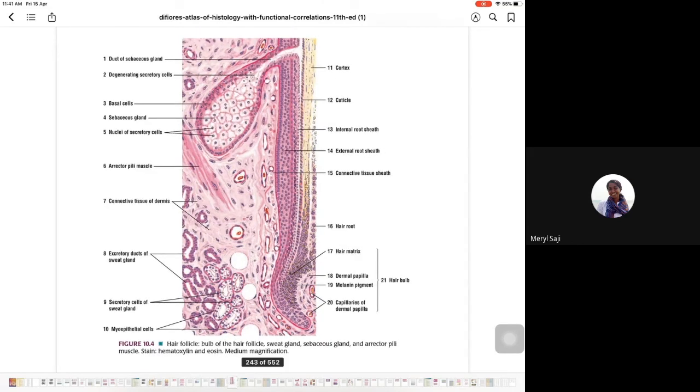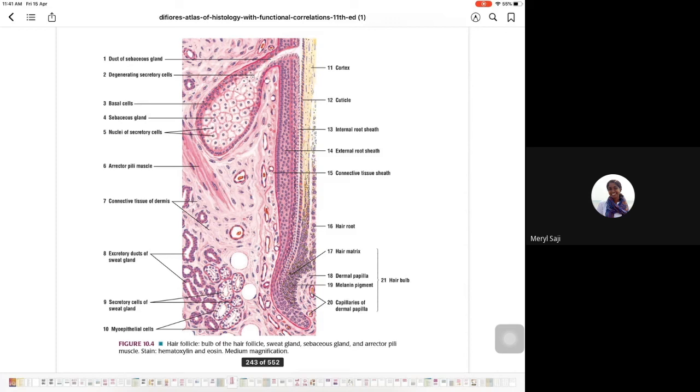Figure 10.4, hair follicle, bulb of the hair follicle, sweat gland, sebaceous gland, and erector pili muscle. Stain H&E, medium magnification. Duct of sebaceous gland, degenerating secretory cells, basal cells, sebaceous gland, nuclei of secretory cells.